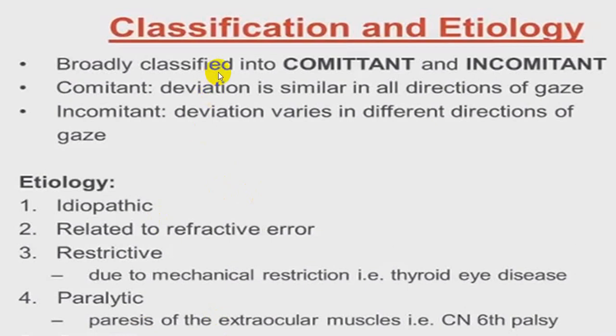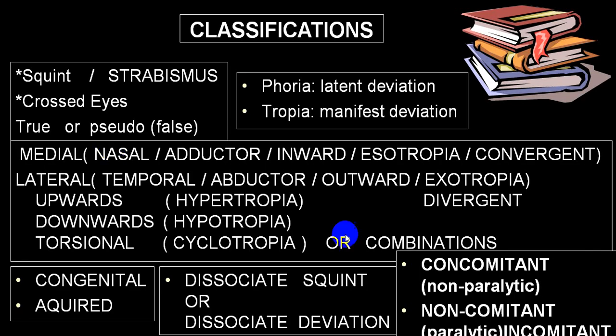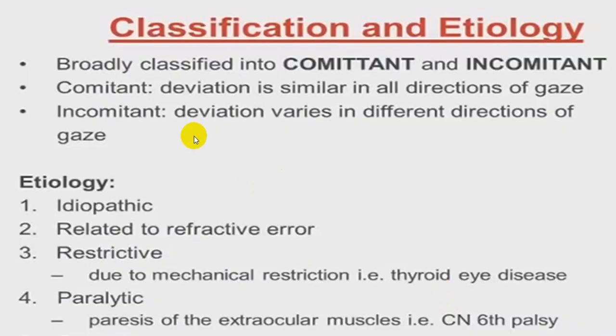So broadly it is classified into comitant and incomitant. Comitant means deviation is similar in all directions of the gaze, and incomitant means deviation varies in different directions of the gaze. So concomitant is non-paralytic, incomitant or non-comitant is paralytic squint. So deviation will be seen in different directions of the gaze.